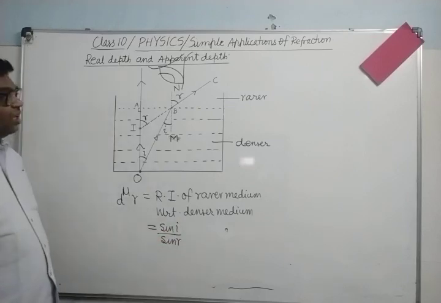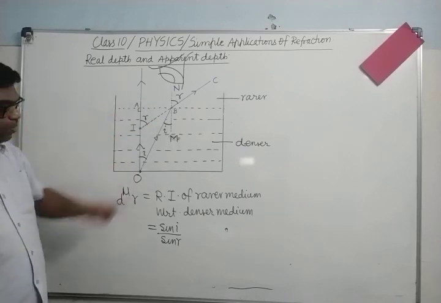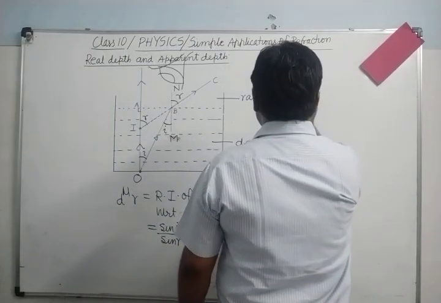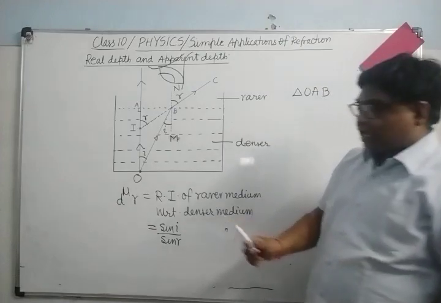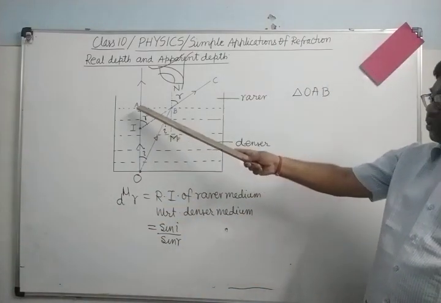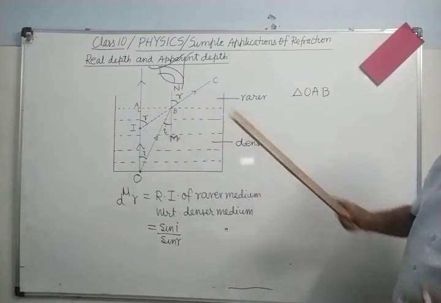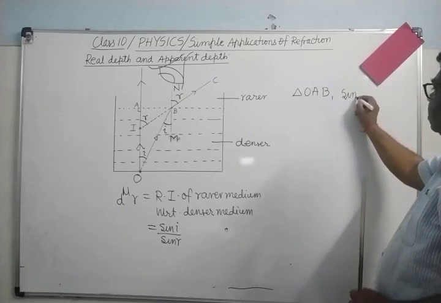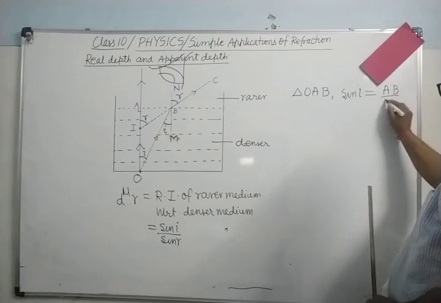It's clear. Now you can see here in triangle OAB, what will be sin I? Sin I is perpendicular upon hypotenuse, that is AB upon OB. Sin I will be equal to AB upon OB.